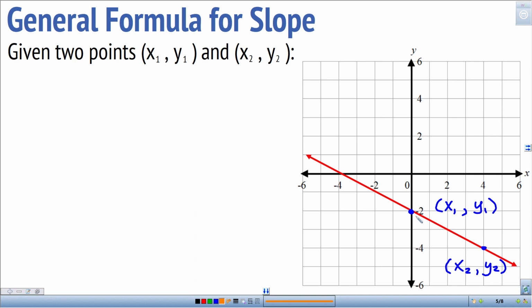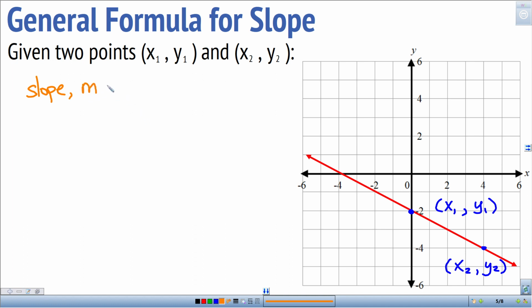So for any 2 points, let's say the first point is some value of x, so we're going to call it x1, and some value y, y1. And another point, which is x2 and y2. Remember, what we can do is subtract the 2 y values. Slope, they give a letter. We call it m.